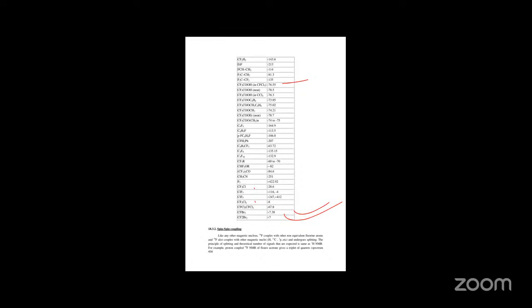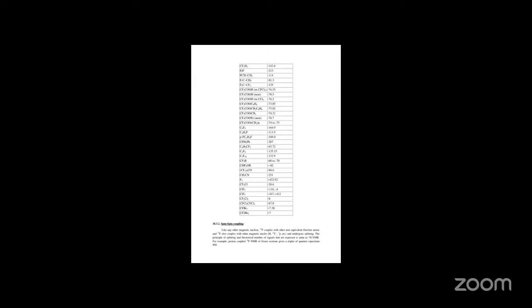In the C13 decoupled spectra, generally we won't observe the coupling, but in the F19 spectra, it undergoes splitting, and the theoretical number of lines expected is the same as in the H spectra, the appearance of the spectra.